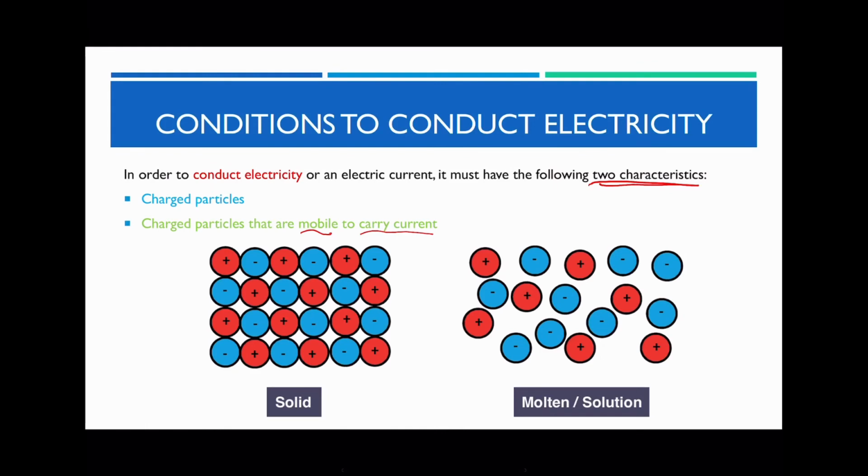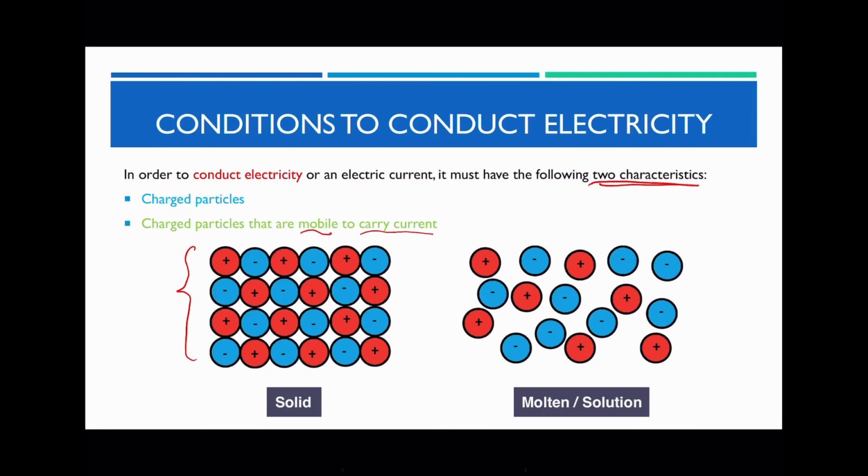What I have on the left hand side is the lattice structure of an ionic compound in the solid state. Again, you can see that the cations and anions in the solid state are in fixed positions that are tightly packed with one another due to strong forces of attraction.